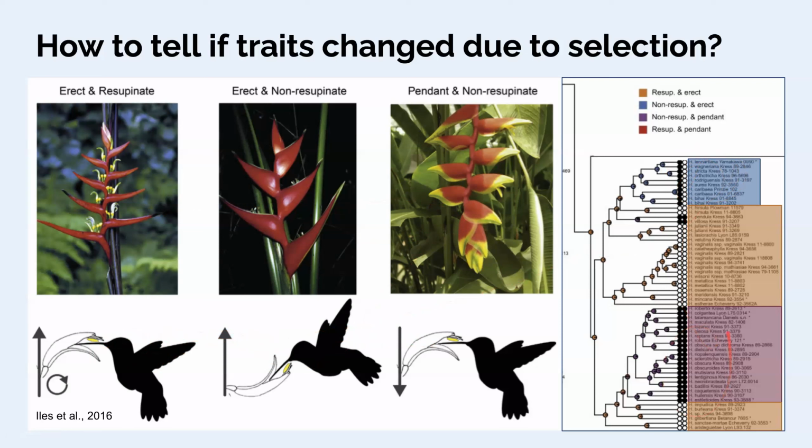And then in the purple here, a different change to non-resupinate and pendant, sorry. And still not many changes. So this is a rather complex change that happened in the ancestor and then stuck around in all the descendants. Over here in blue, it happened in the ancestor and stuck around in all the descendants. So a nice pattern to understand how these came about.